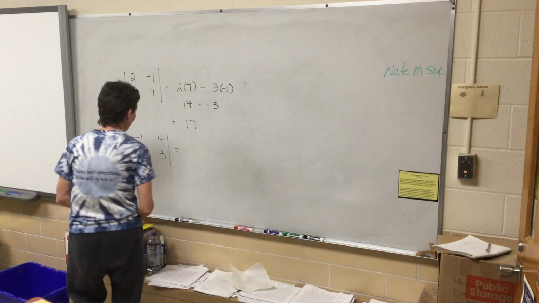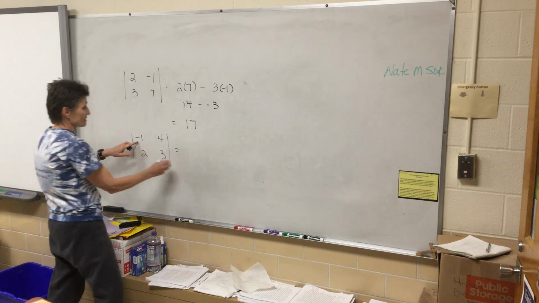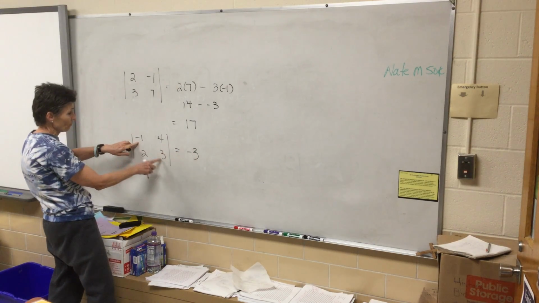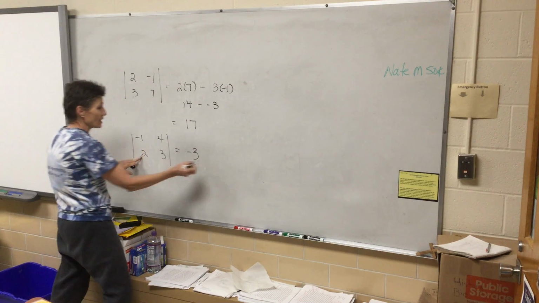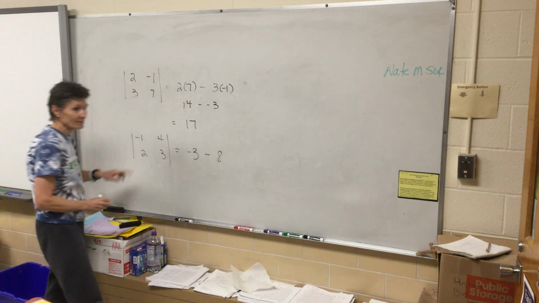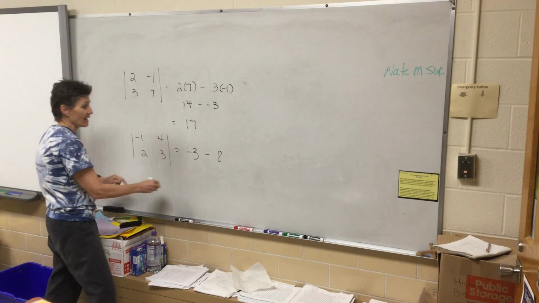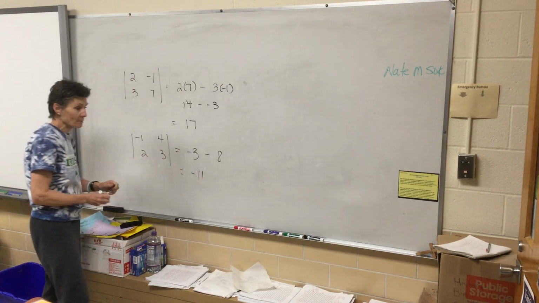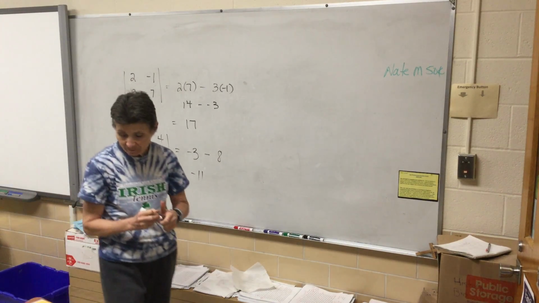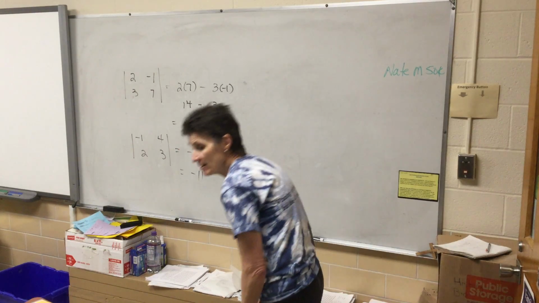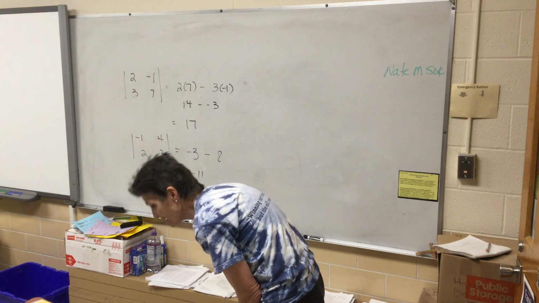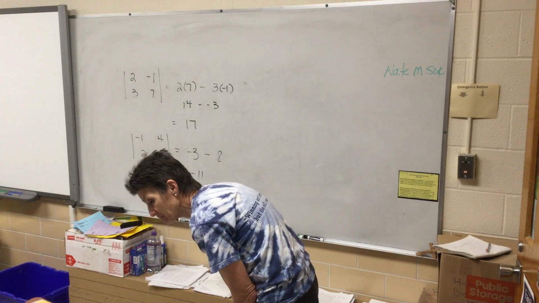I don't think so, but I see what you did. It's -3, that's -1 times 3, 2 times 4, but you subtract them, Gabe. So it's -3 minus 8. So the answer would actually be -11. In the determinant process, it's a subtraction.